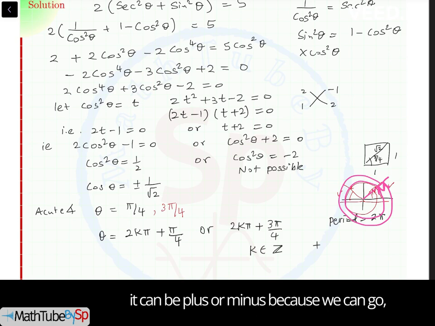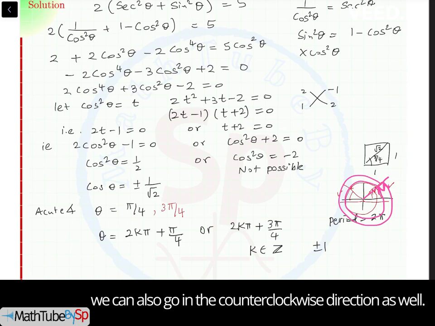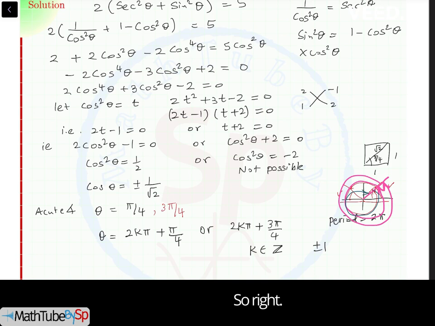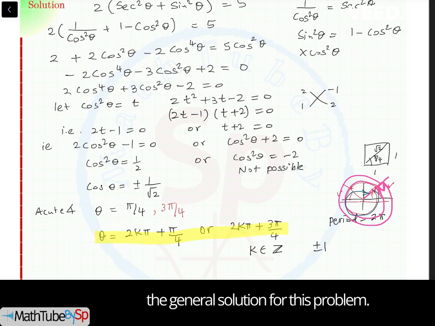It can be plus or minus, because we can also go in the clockwise direction as well, so that we will be finding the negative angle. So this is the general solution for this problem.